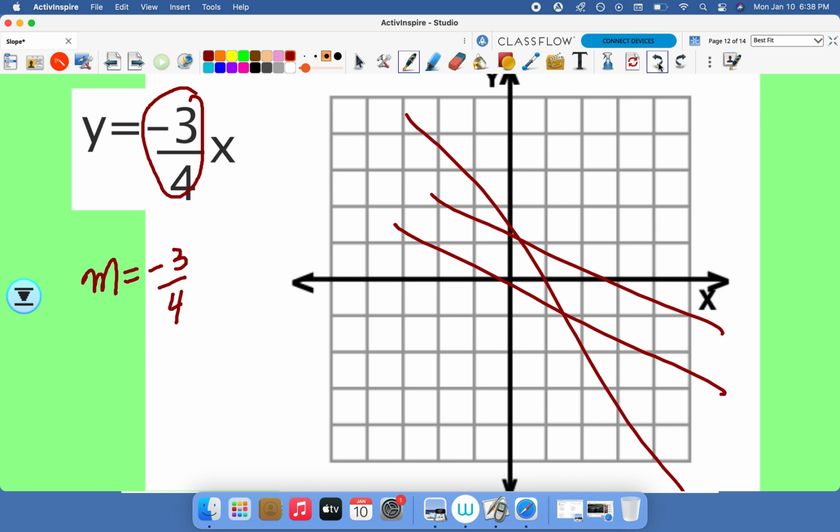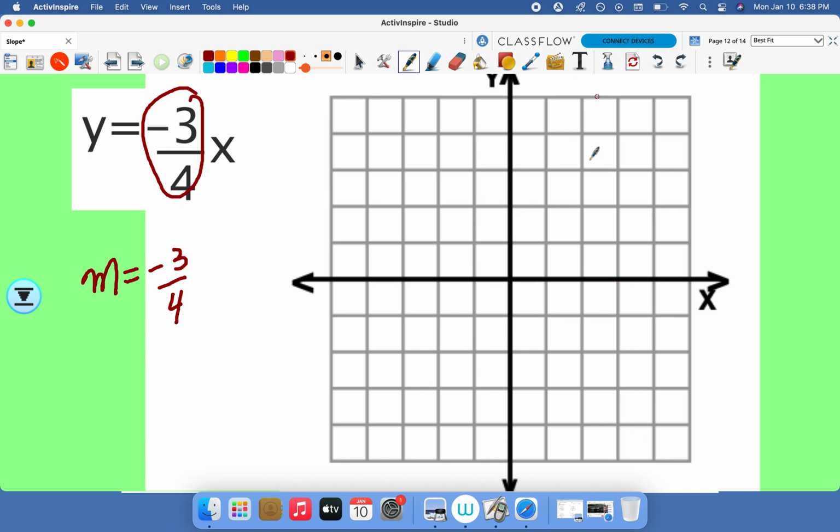So now, knowing that, I need to graph it. You're going to ask, where's my y-intercept though? Where does it cross the y-axis? Well, you don't find a number here, because this is what it should have been written as, with +0. But when it's +0, do we really need to write +0?